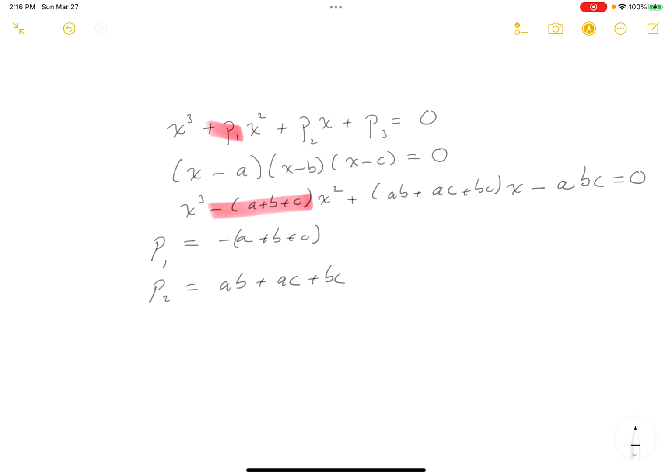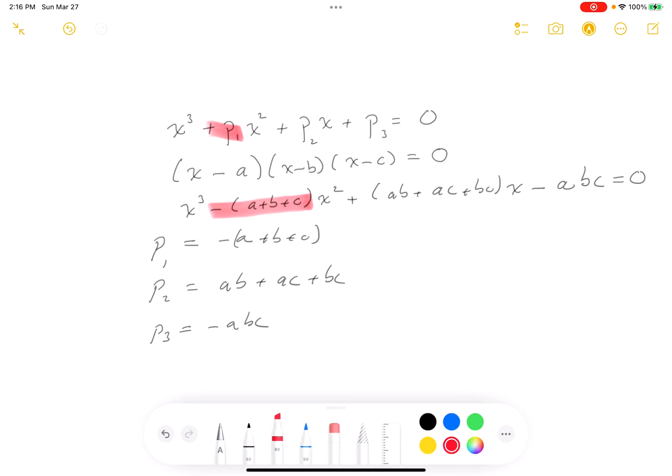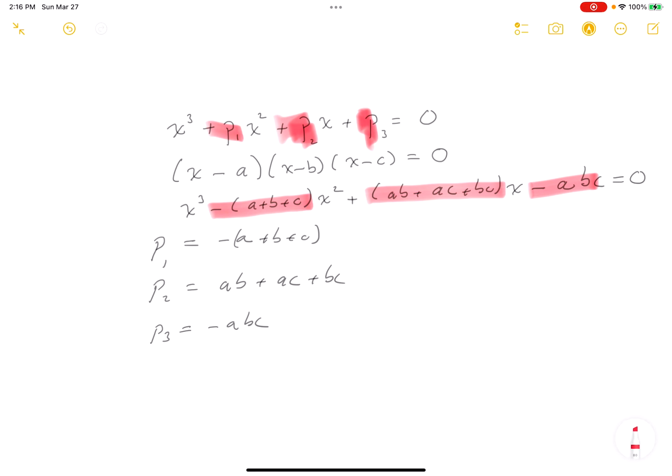And then what do we have? P3 equals minus ABC. Now, by the way, I'm going to say it's pretty clear, again let me get the highlighter out, that this here is equal to this here, and this here is equal to this here. That's all I did. I wrote that down. All right.